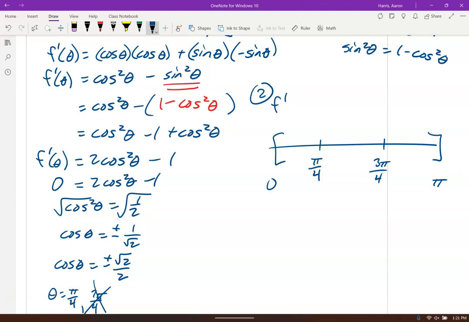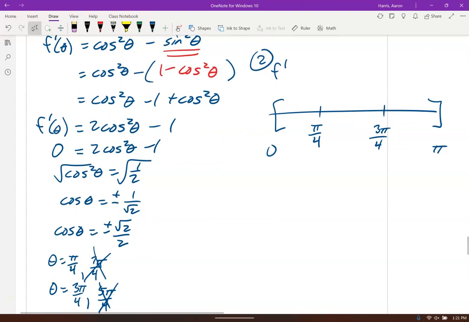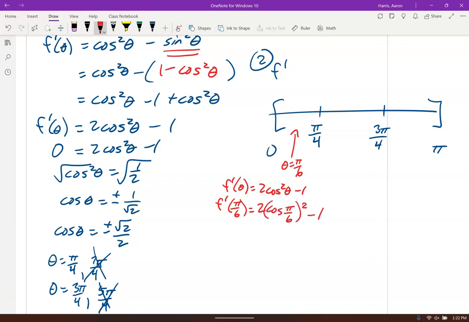So if you're plugging in, let's see, where's our derivative? Let's plug in something before pi fourths, like pi sixths, right? So f prime of theta is 2 cosine squared theta minus 1. Plug in pi sixths. So I got 2 cosine of pi sixths squared minus 1.